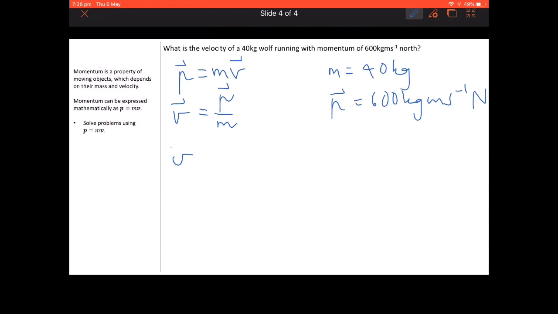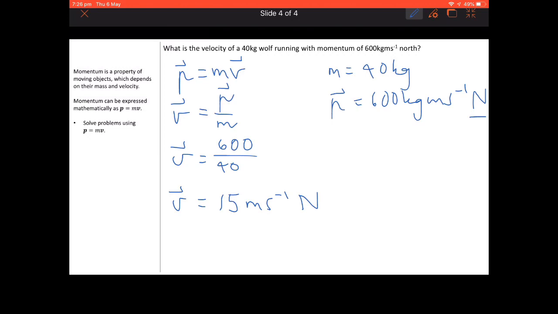So velocity will be equal to 600 kilogram meters per second divided by 40 kilos, and that will end up being 15 meters per second, and the momentum is north, so the velocity is also going to be north.